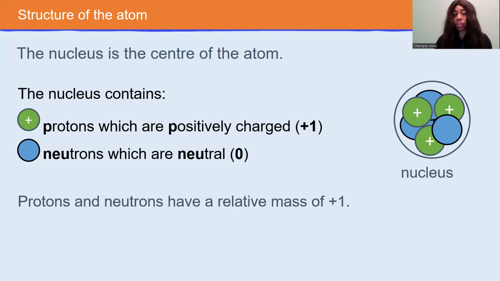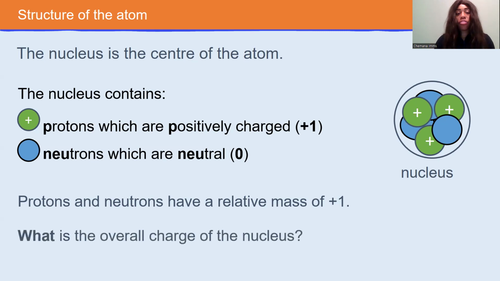And it's in reference to what are the charges of the subatomic particles, protons, neutrons, and electrons, but then what is the mass of the subatomic particles, protons, neutrons, and electrons. So the mass for the protons and neutrons is +1. So again, not to confuse you, but I'm using the words sort of interchangeably, but at the same time, because I want you to familiarize yourself with the fact that charge and mass are completely different.